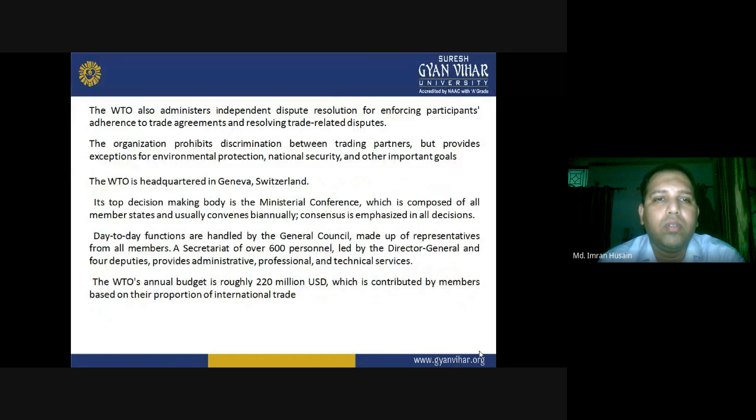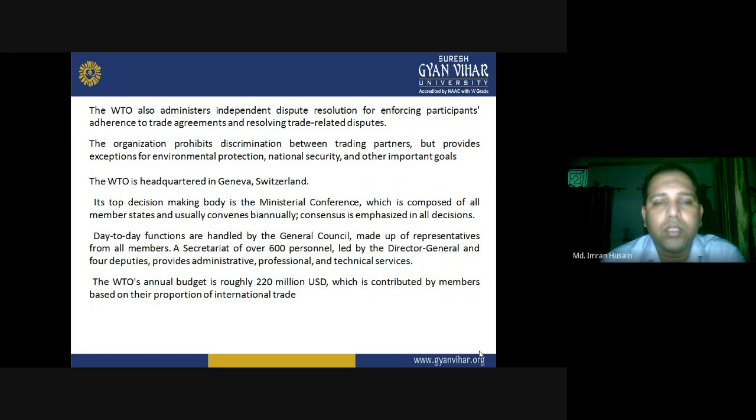The WTO also administers independent dispute resolution by enforcing participants' adherence to trade agreements and resolving trade-related disputes. So, WTO also serves as a common platform for independent dispute resolution.